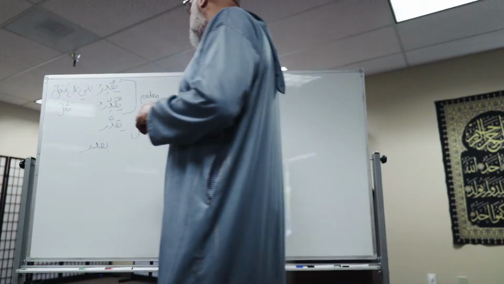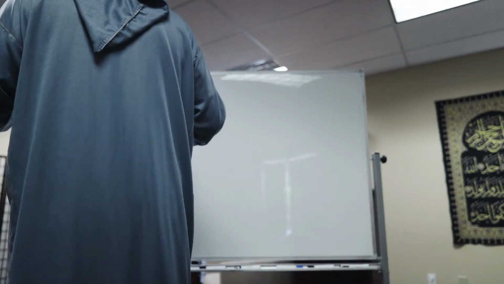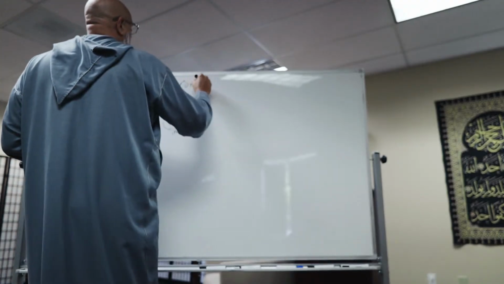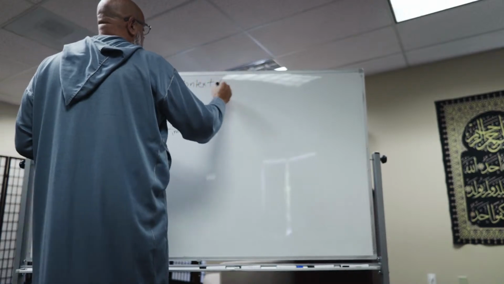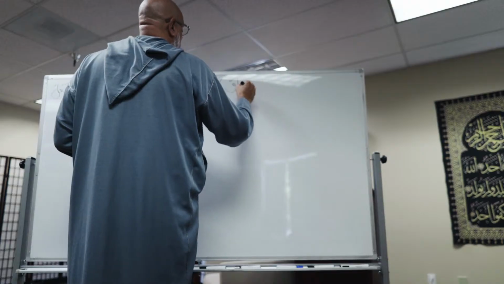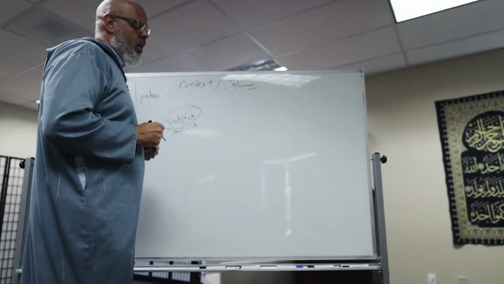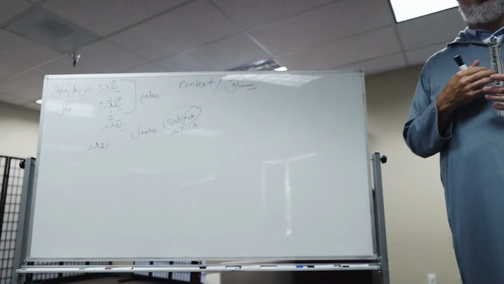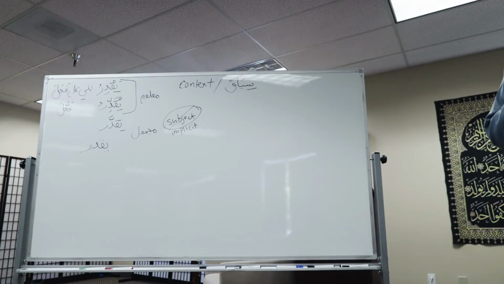So everything here is going to be contextual, right? Everything is going to be context, which in Arabic we write as what? Siyaq. Everything is going to be contextual that will give you a clue how it should be read.